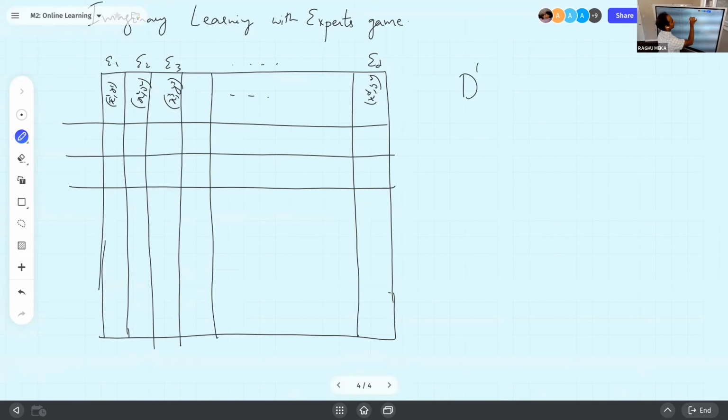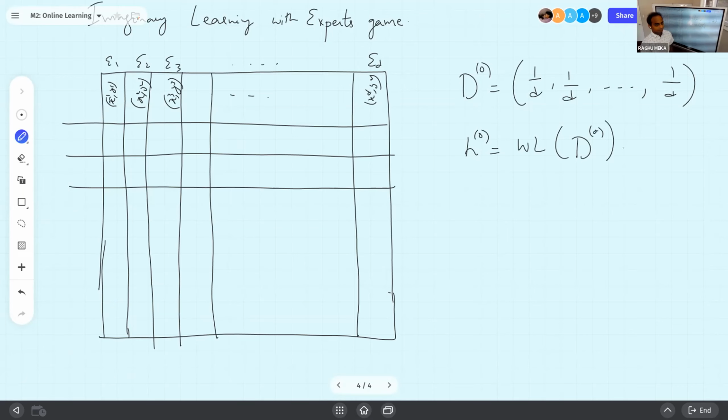D0 was the uniform distribution. And H0 was the weak learner that we got from this.